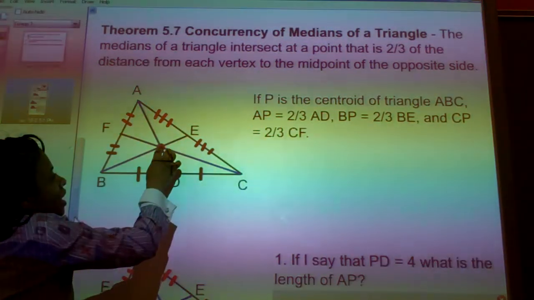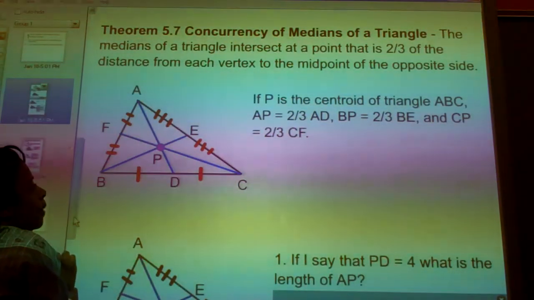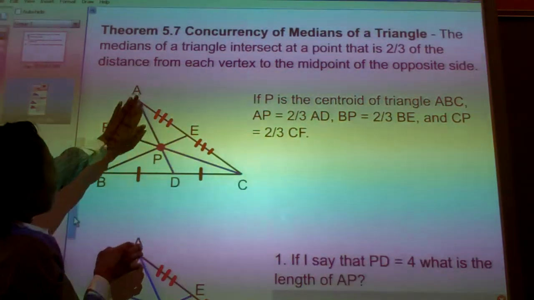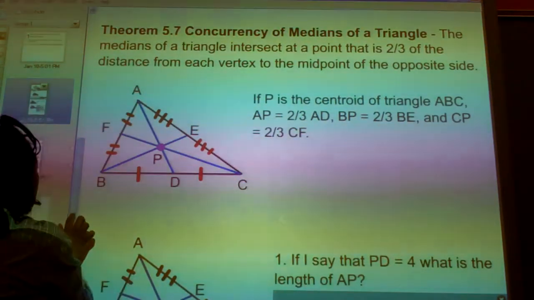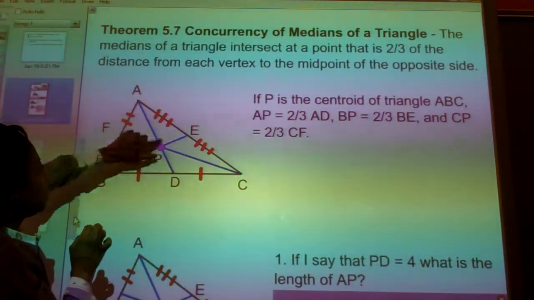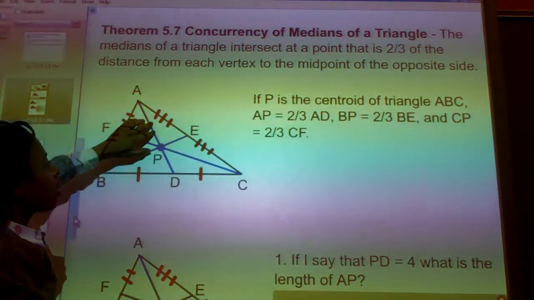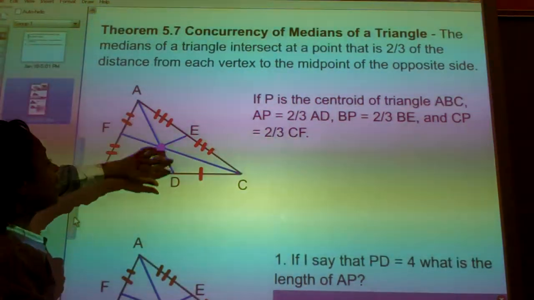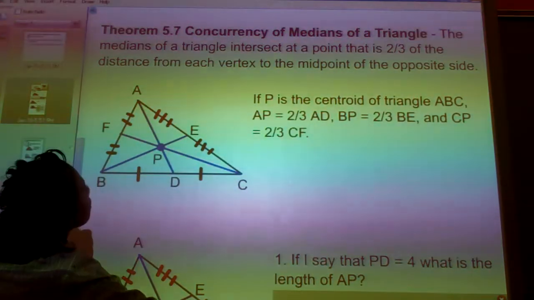If point P is the centroid of triangle ABC, and I look only at segment AD, this whole segment, the first one I constructed, that means that AP is 2/3 of the length of AD. Let me use a color.